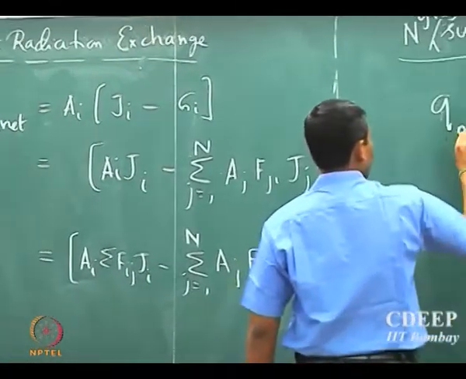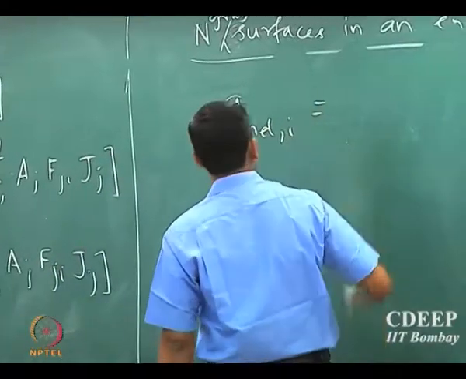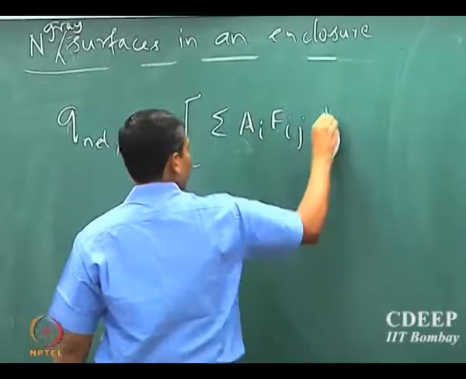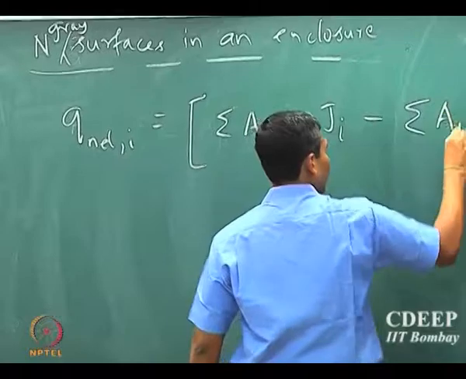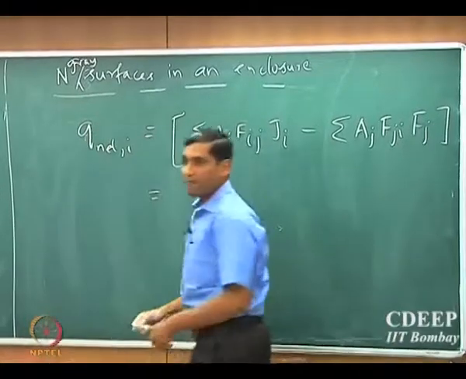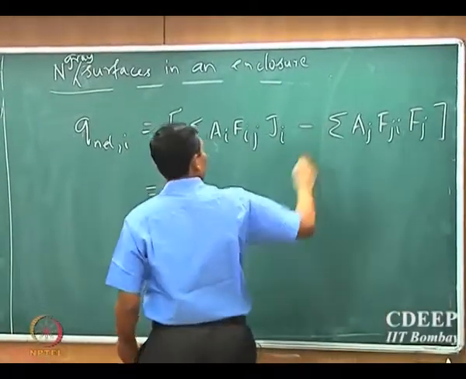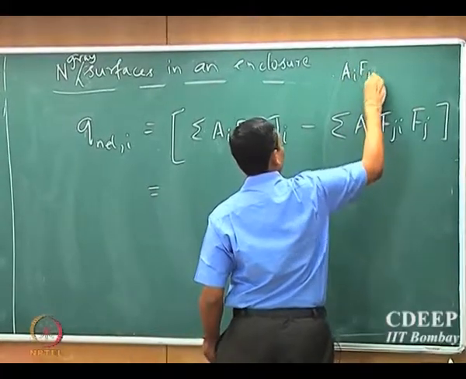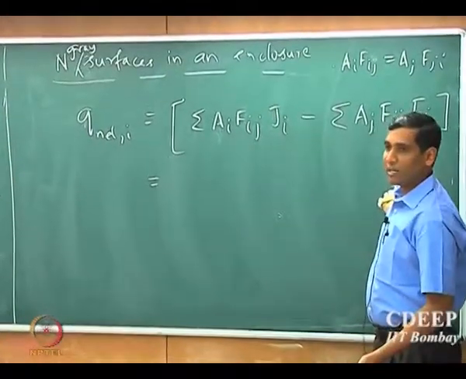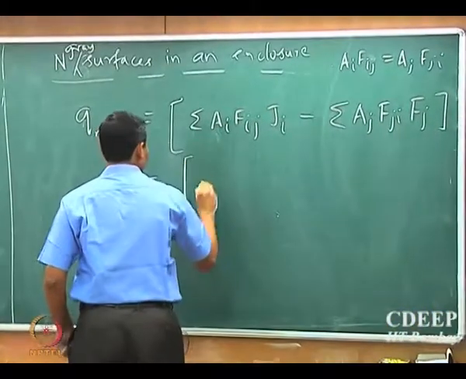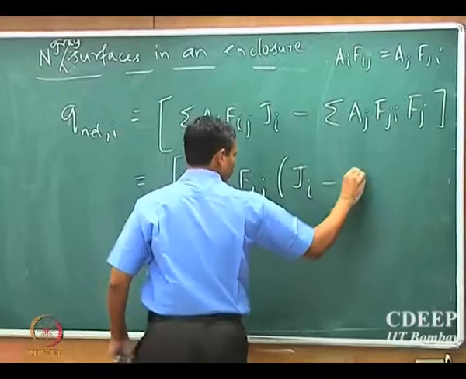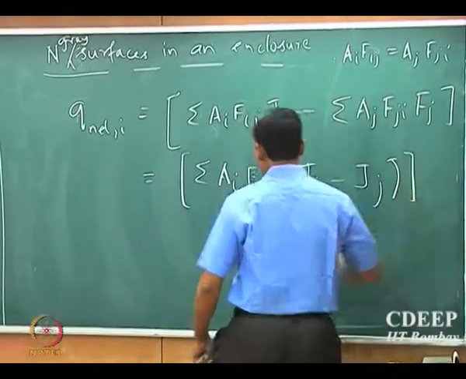So therefore, Qi net will be the sum of Ai Fij into Ji minus the sum of Aj Fji into Jj. But we know from the reciprocity relationship, right? We know that Ai Fij is Aj Fji. So we plug in the reciprocity relationship, and you will see that it will be the summation of Ai Fij into (Ji minus Jj). This is the sum over all j.